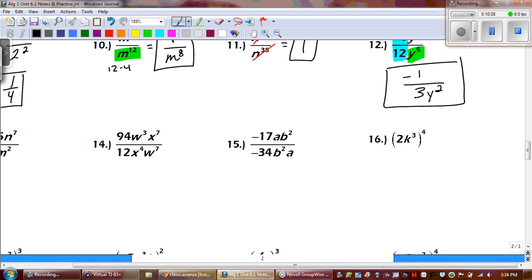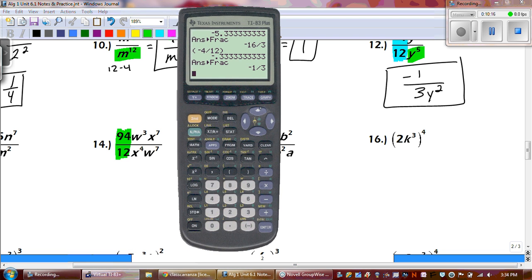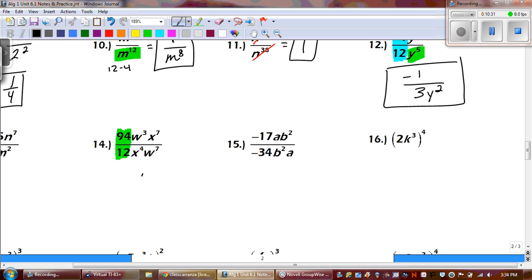Number 14. Look at your coefficients right there. If you don't know how to reduce that, just throw it into your calculator and change it to a fraction. Okay, and it's 47 over 6. So let's take a look.